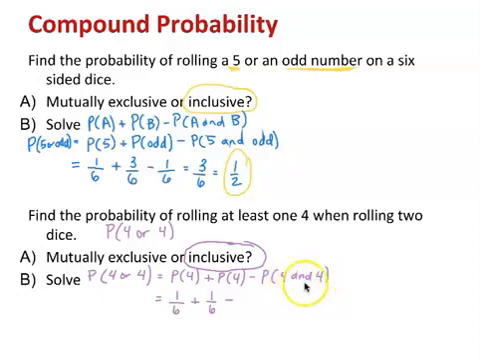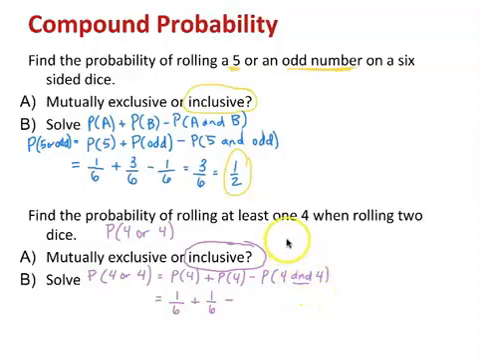I mentioned a little bit ago that when you're trying to find the probability and it says or, that should let us know that we're adding the probabilities, where and means we're going to multiply the probabilities. So if we want to find the probability of getting a 4 and a 4, we're going to take the probabilities and multiply them because we see the word and.